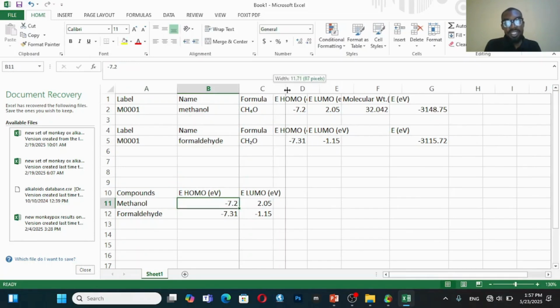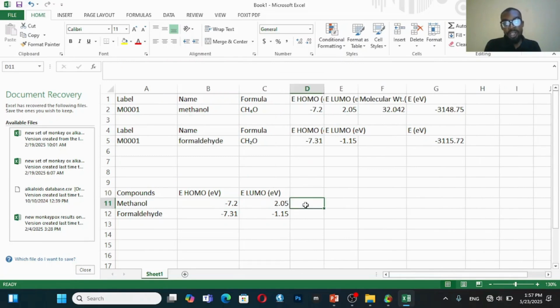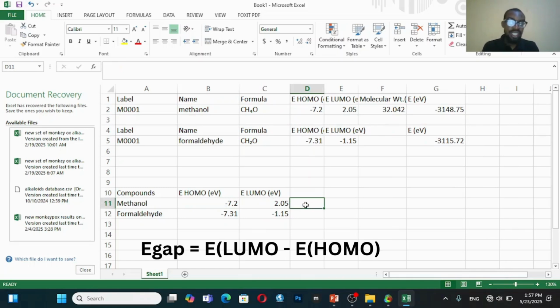Now, under the density functional theory, the difference between the HOMO and the LUMO gives us what is known as the HOMO-LUMO energy gap. And that energy gap tells us if the compound is stable or if it's not stable. Now, the larger the energy gap, the more stable the compound is.